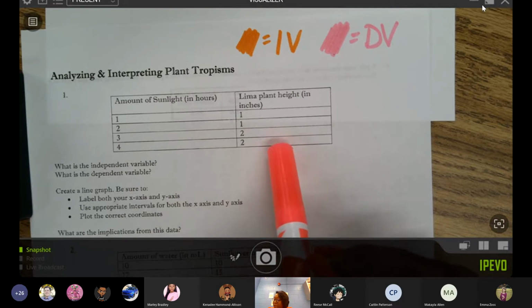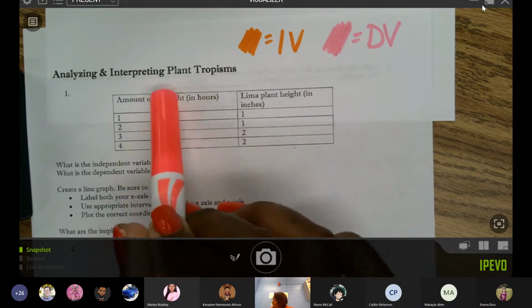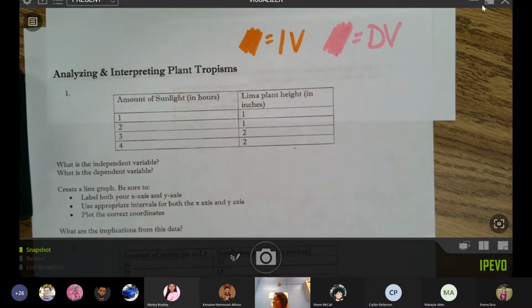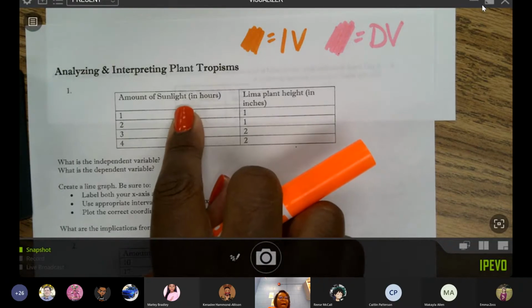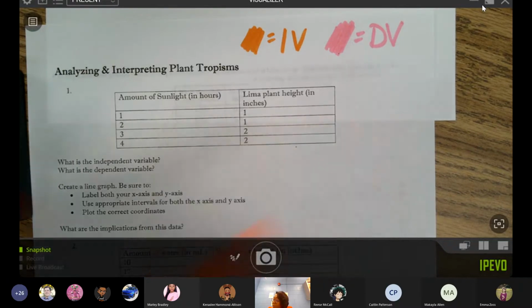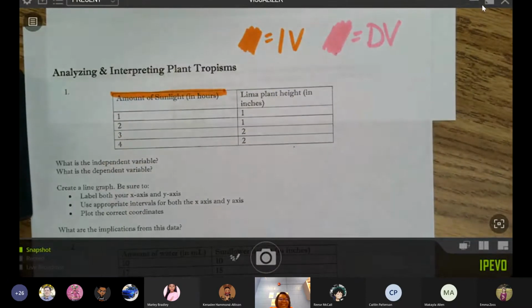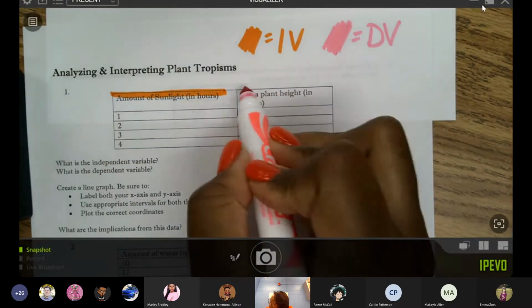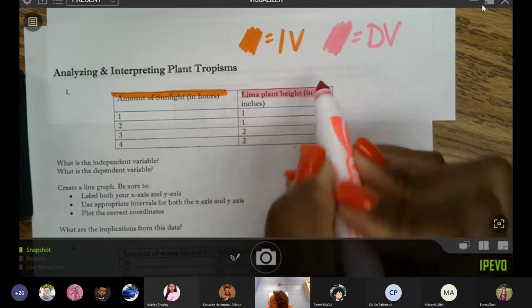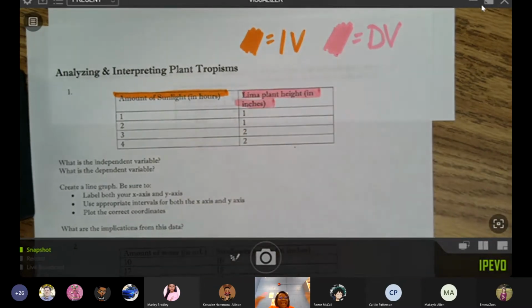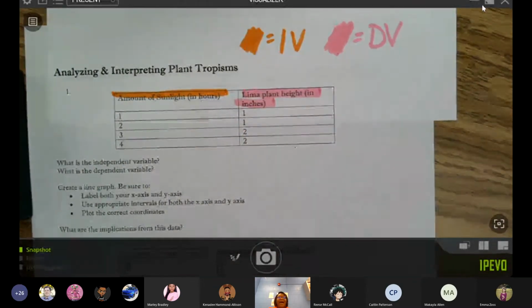Remember, everything on the left side of our chart is our independent variable, so I would highlight that. And on the right, this is going to be the plant's height. That's our ending result, our dependent variable.